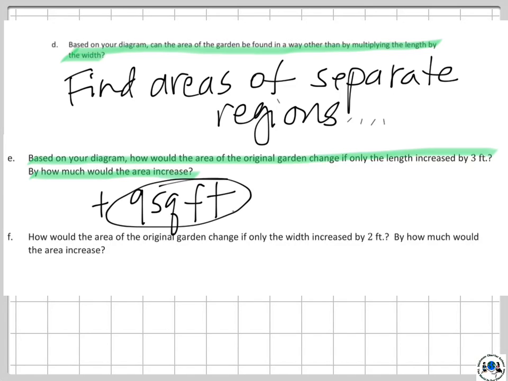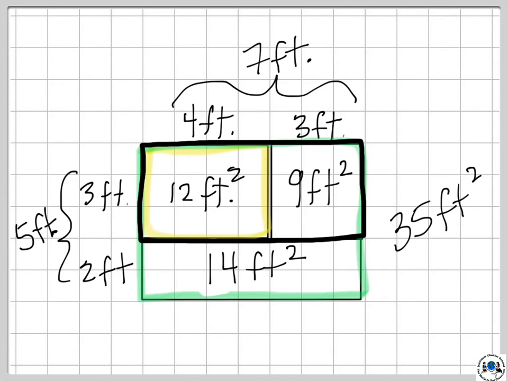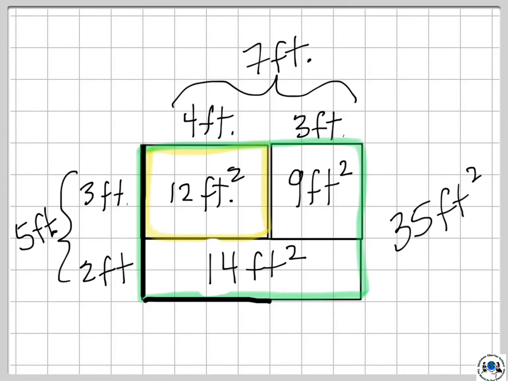The next question, of course, is going to deal with the other direction. How would the area of the original garden change if only the width increased by 2 feet? So if we look at that, take away all of this here. Now we're looking this way. I'll have to make an extra line now, so I go here, here.